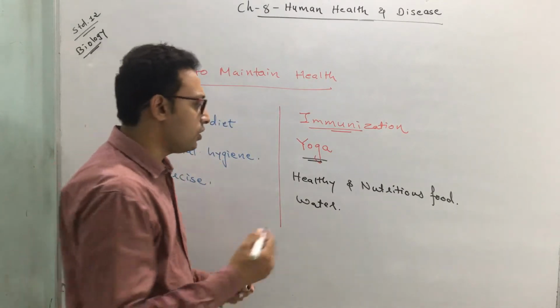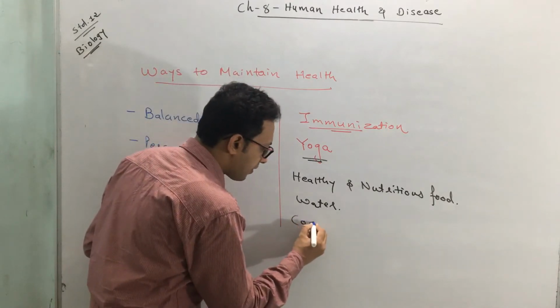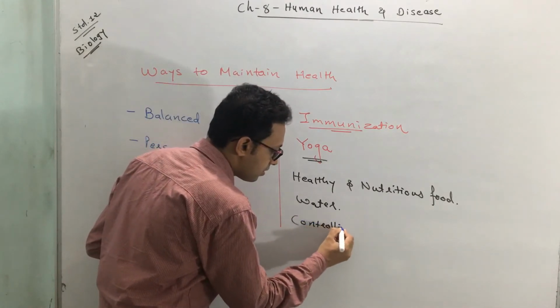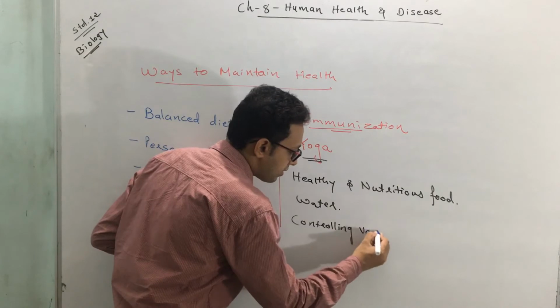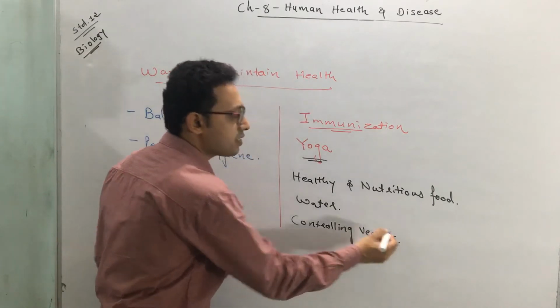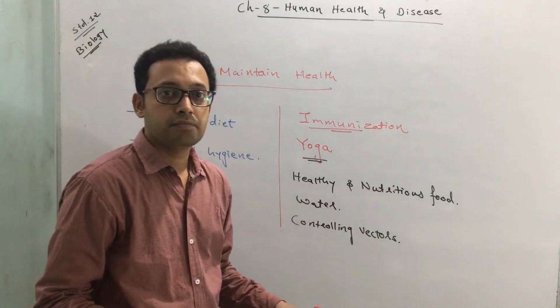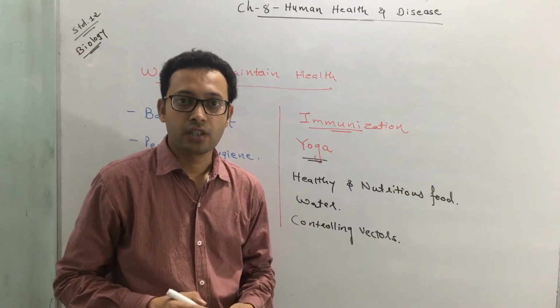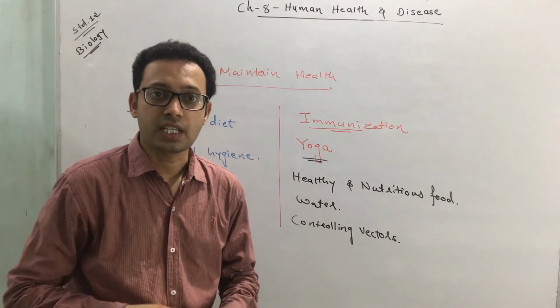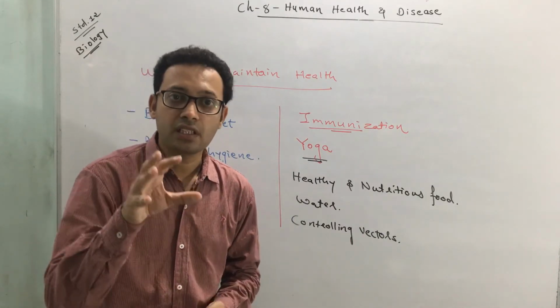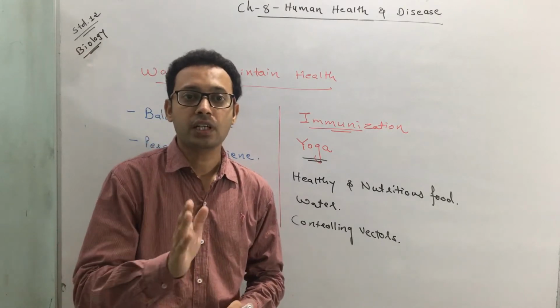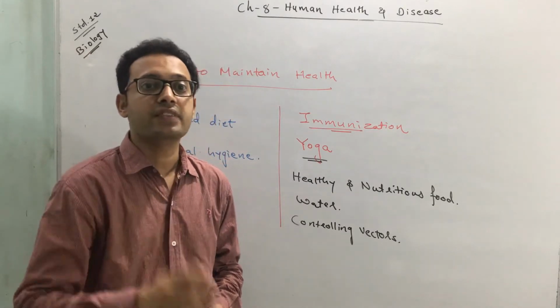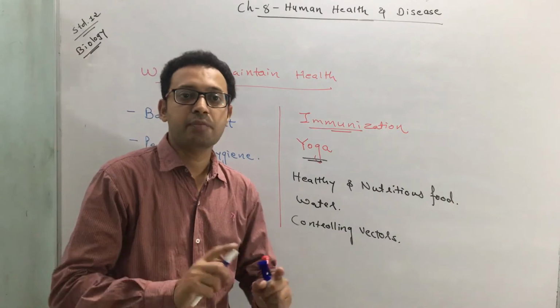You can also do it by controlling vectors, because these vectors are responsible for the spread of disease. Vectors like the housefly, or vectors like cockroaches. The vectors are the organisms responsible for the transmission or spread of disease. They just help in transmission.